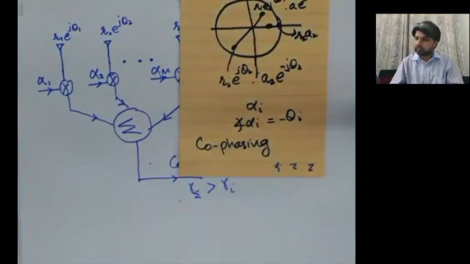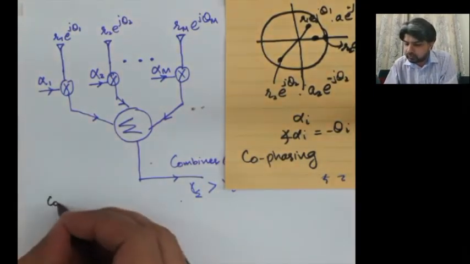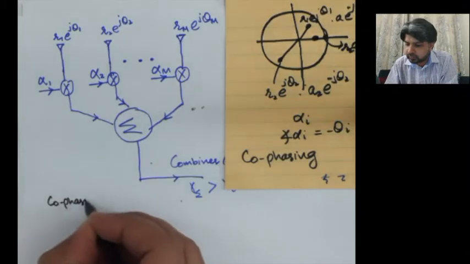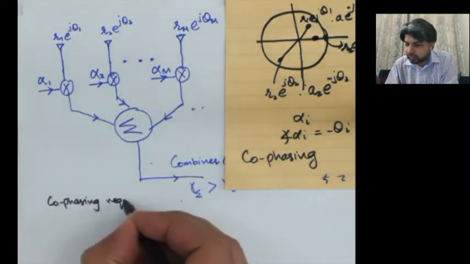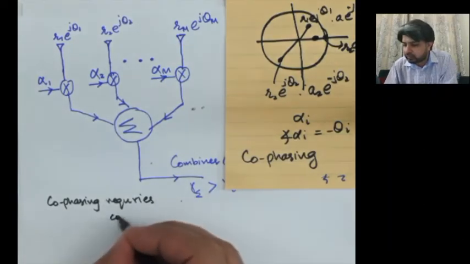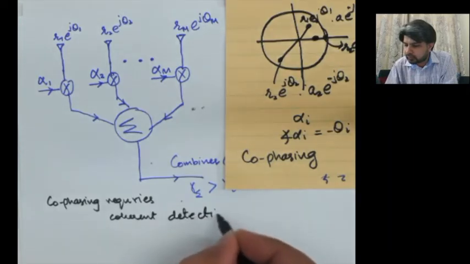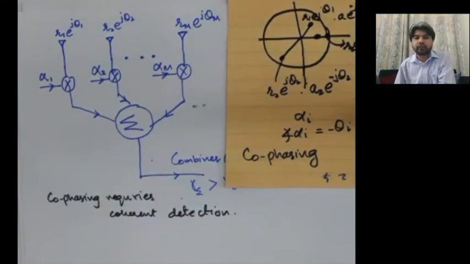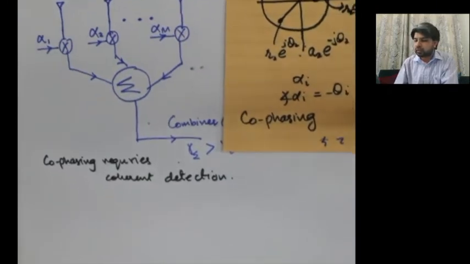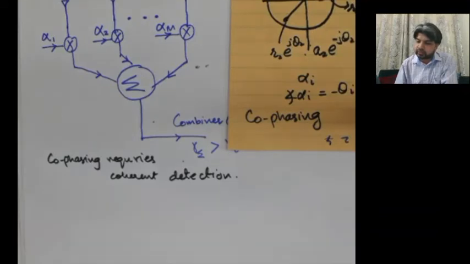But this co-phasing sometimes would require what is called coherent detection, because you have to have a mechanism to lock the phase of the incoming signal, and that requires coherent detection.